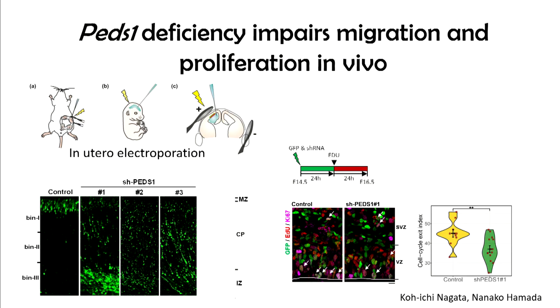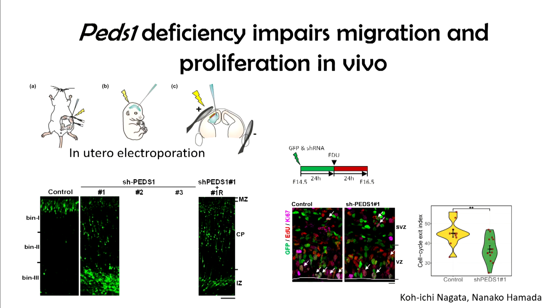Number one, with the most defects, also has the strongest effect on knocking down the protein, and we can also partially rescue the phenotype by re-expressing a PEDS1 which is resistant to the knockdown.